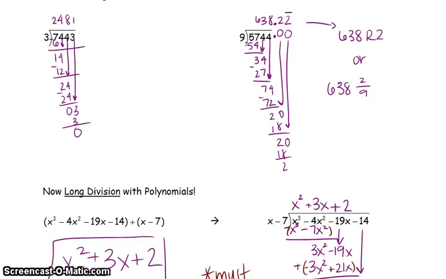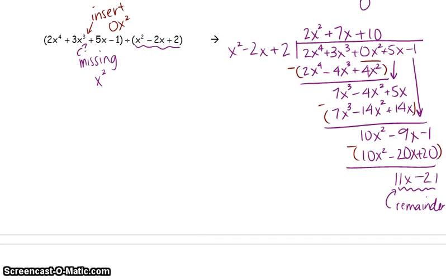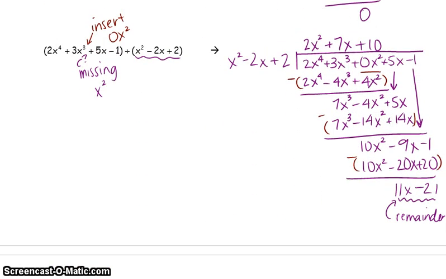Okay, but we can write it a little bit differently. Instead of doing this R thing, we're going to write it like we did the second time using this form. So as we come below, our answer, looking up here at the top, is 2x squared plus 7x plus 10. Then we're going to add our remainder, which is 11x minus 21, and we're going to divide that by what we were dividing by here.